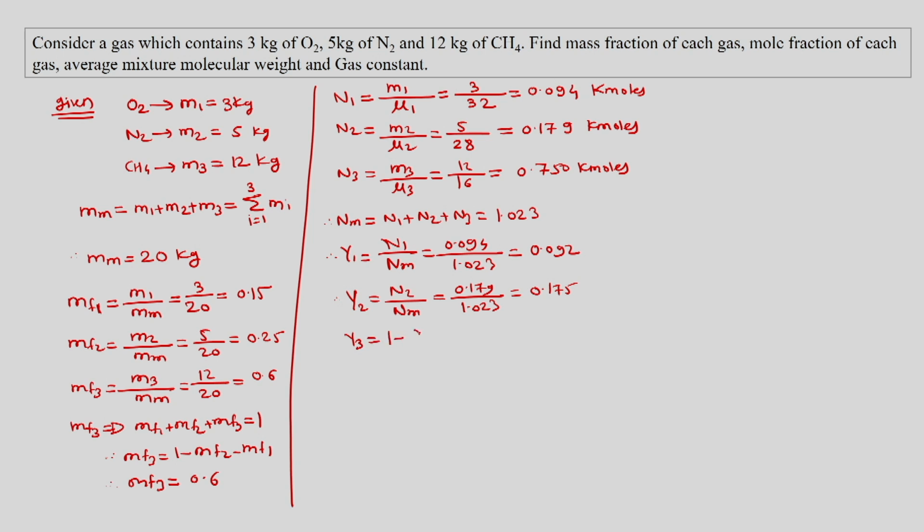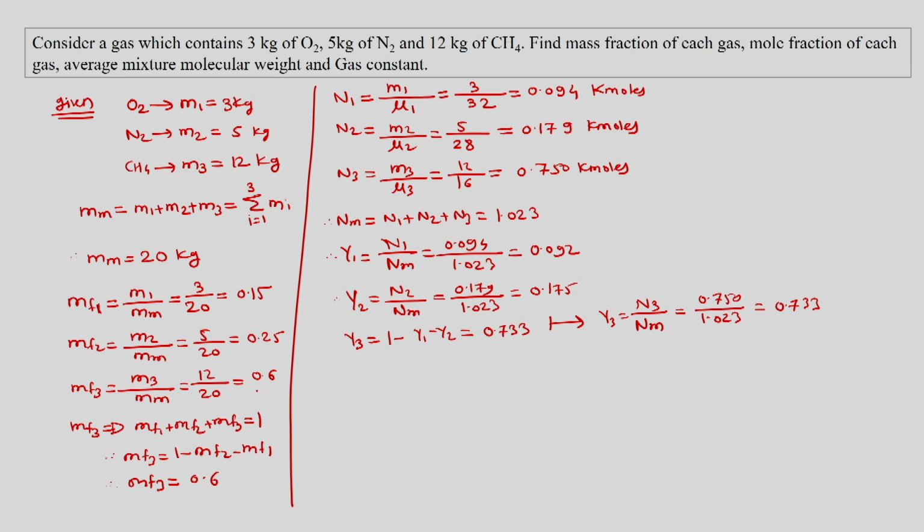Y3 is 1 minus Y1 minus Y2, which is 0.733. We could as well have used Y3 equal to N3 divided by Nm, 0.750 divided by 1.023, and we also get 0.733.